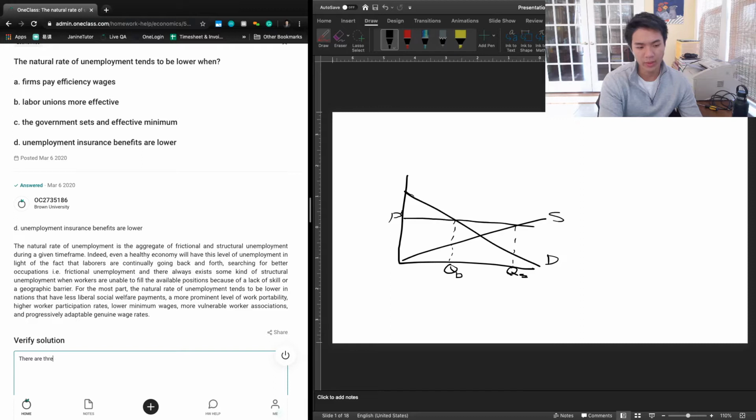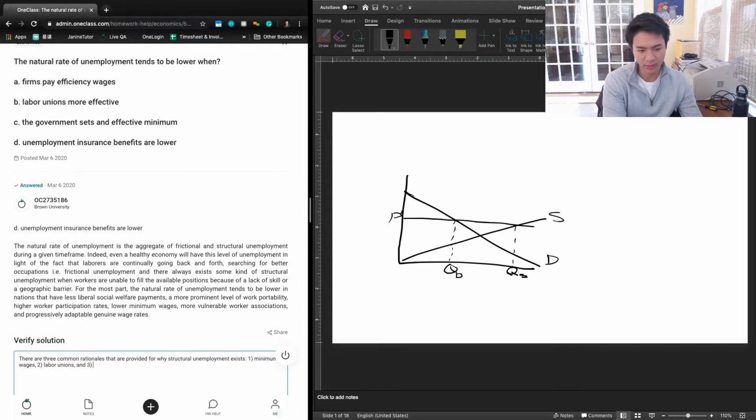there are three common rationales that are provided for why structural unemployment exists. 1, minimum wages. 2, labor unions.